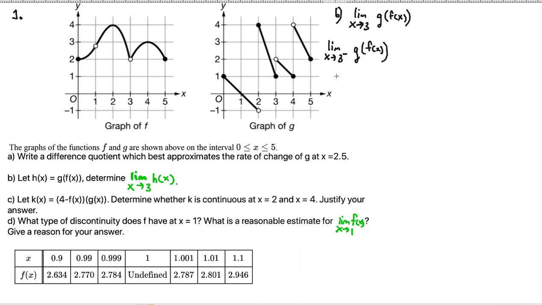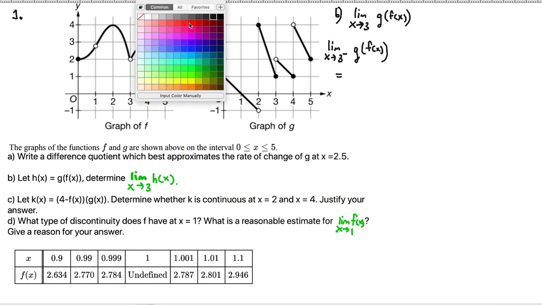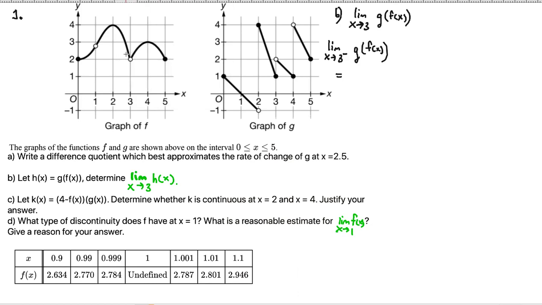We're just going to do some analysis freehand. So as I get closer and closer to 3 along f, from the left, for values less than 3, we can see that we're getting closer and closer to this value along y. Let's say this is 2.9.